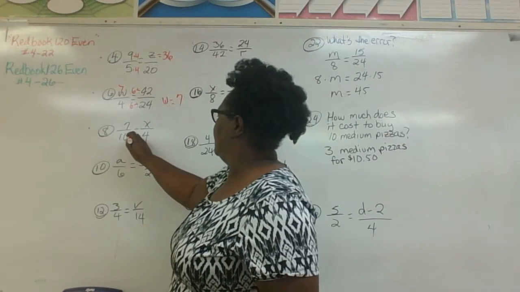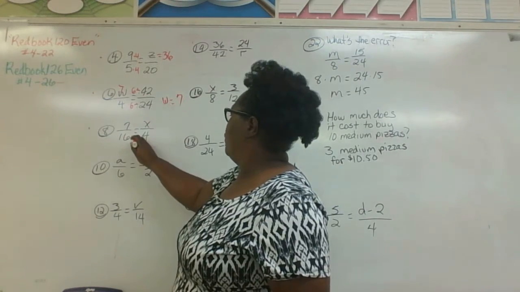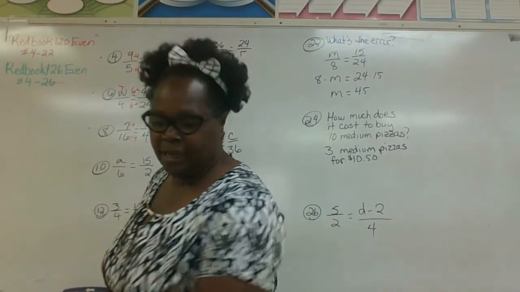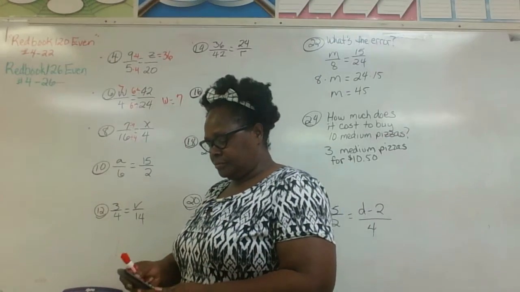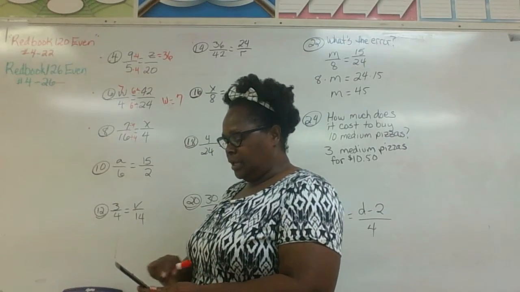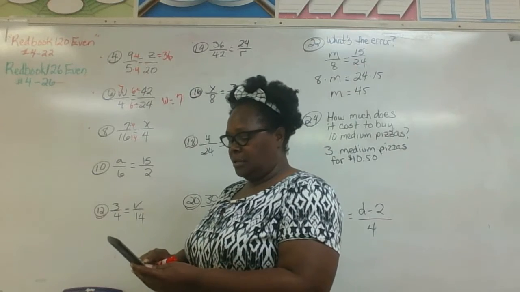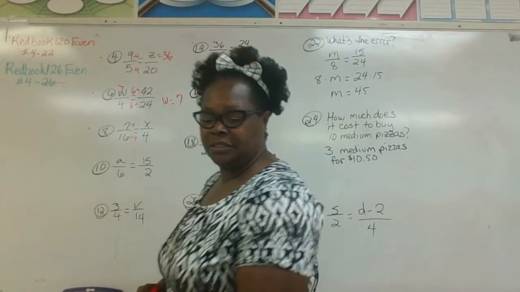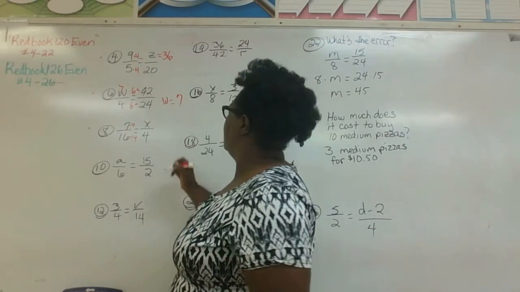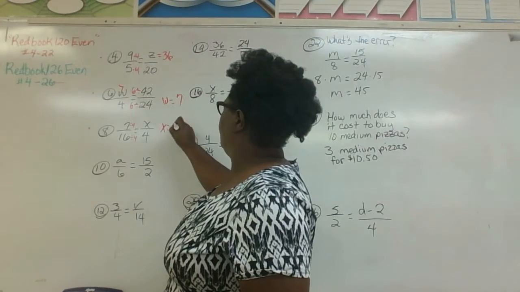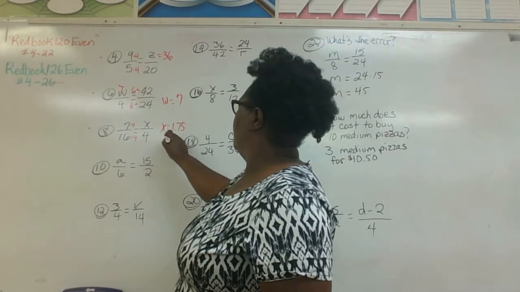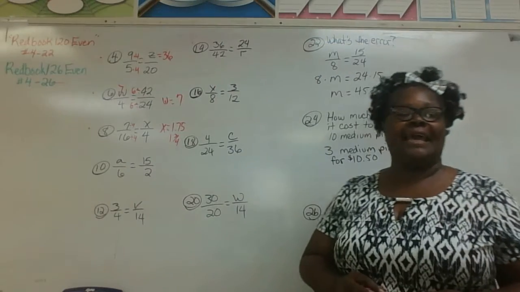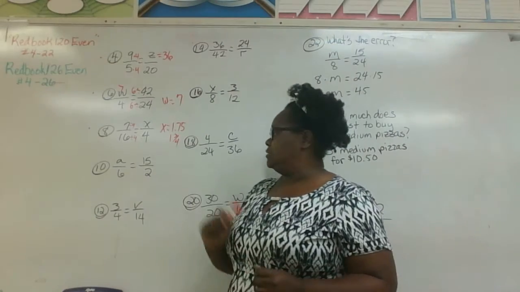We divided 16 by 4, so we would take 7 and divide it by 4. We would take our calculator and say 7, our division symbol, 4, hit equal, and we see that it is 1.75. X is equal to 1.75 or 1 3/4. Either way, that would be the answer for number 8.